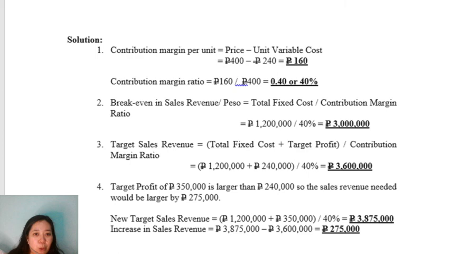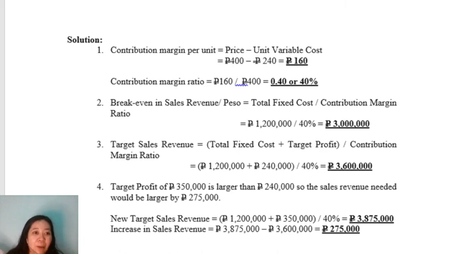So for our solution, okay, the contribution margin per unit, CM per unit, is 160. What about contribution margin ratio? Again, all you have to do is to divide contribution margin per unit by the selling price. So we get 40%. Number two, break-even in sales revenue or peso.